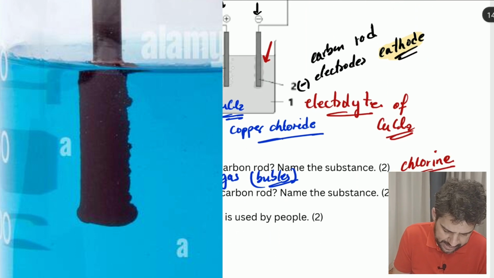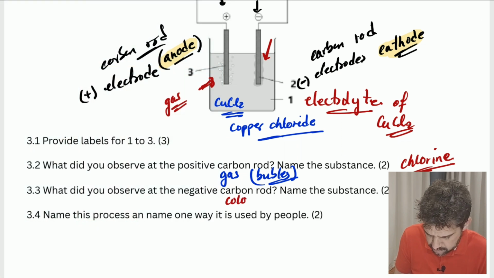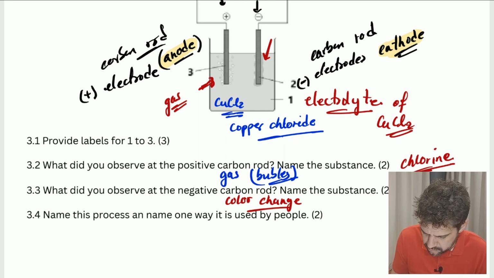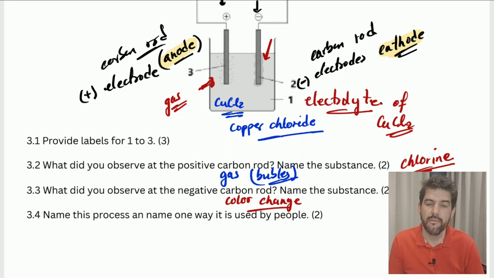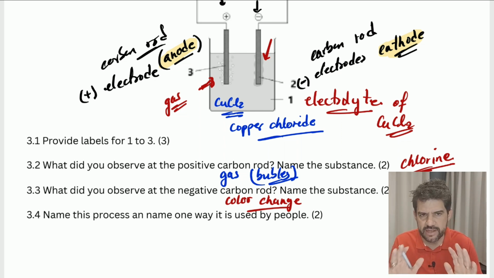You will see a color change. What substance is there? There is copper. Copper will form a layer on the negative electrode. Eventually, you will learn much more about this one when you are in grade 12.